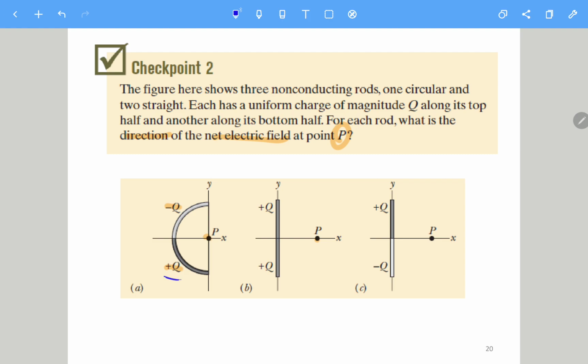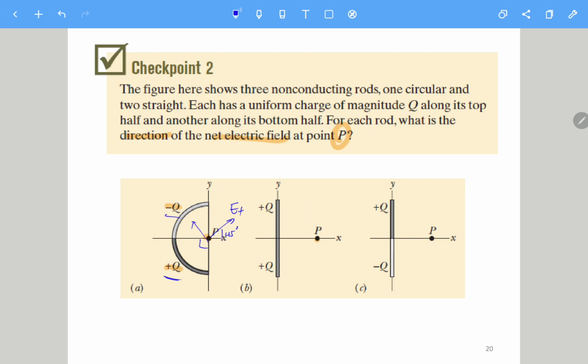So for the plus Q, because this is altogether a 90 degree arc, we will expect the E plus will point to the top right direction, with 45 degrees with the x-axis. Similarly for the negative Q, the E field generated by it will be pointing to it.